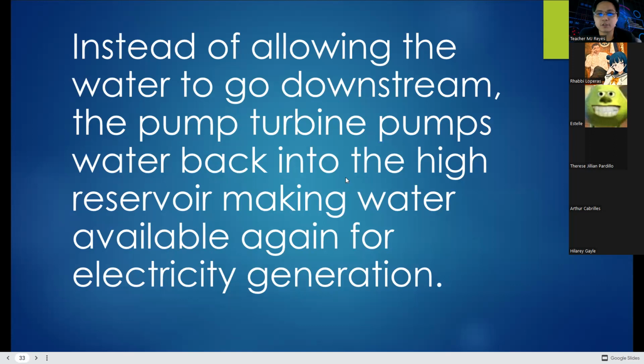Instead of allowing water to go downstream, the pump turbine pumps water back into the high reservoir, making water available again for electricity generation.